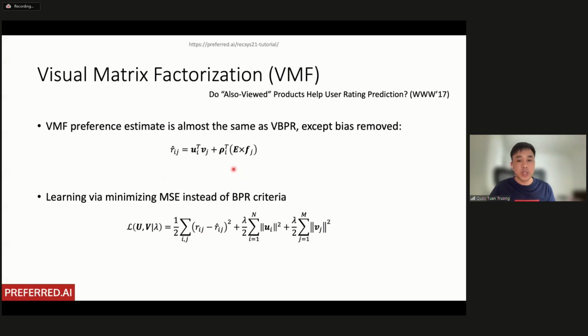The rest is pretty much the same, where we also learn the projection matrix E to reduce the dimension of feature vectors, similarly to the VBPR settings. For this model, they focus on estimating the ratings, and they measure the RMSE, the error of the rating, instead of a ranking metric.